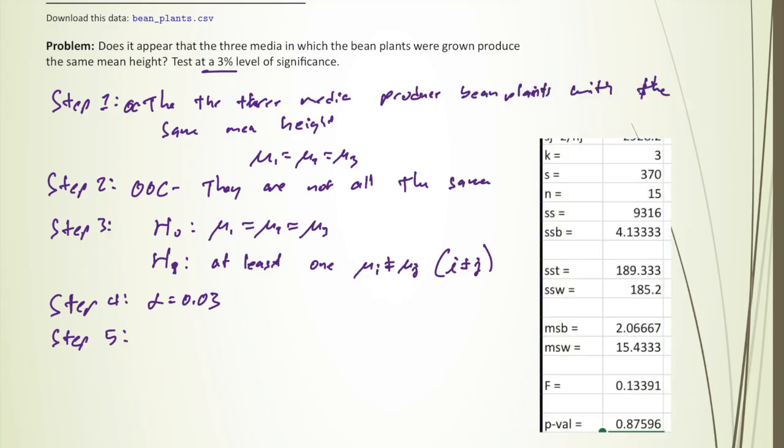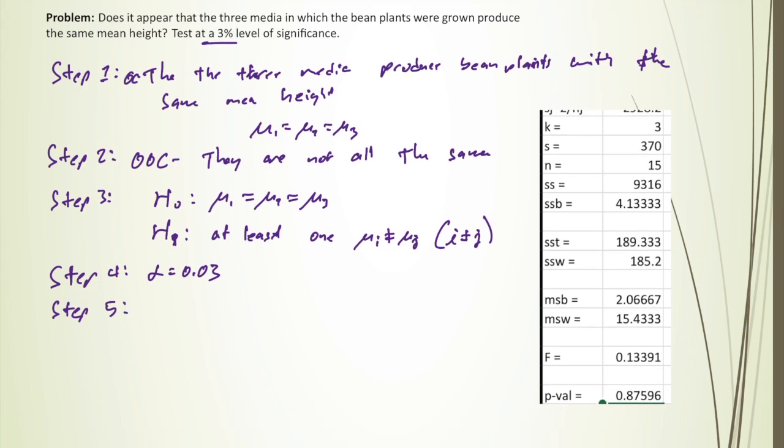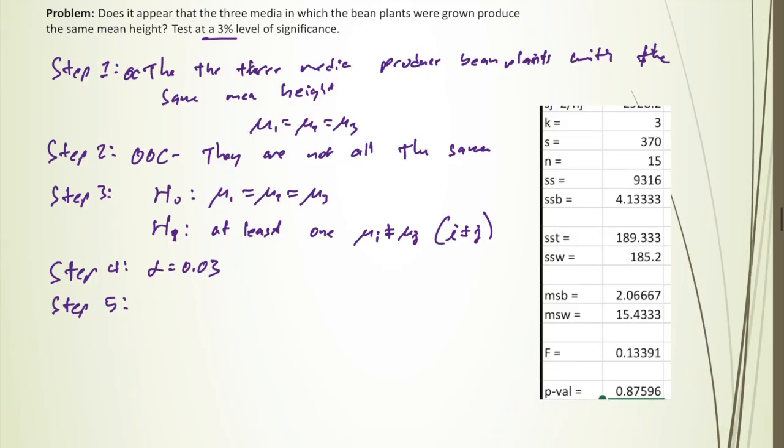All right, and you can see what the outcome of this is: we're not going to be able to reject, we're going to fail to reject the original claim. So F is 0.13391. So what that means is, notice that it is small. When F is small, that means that the sum of squares between, or the mean squares between, is bigger than the mean squares within.